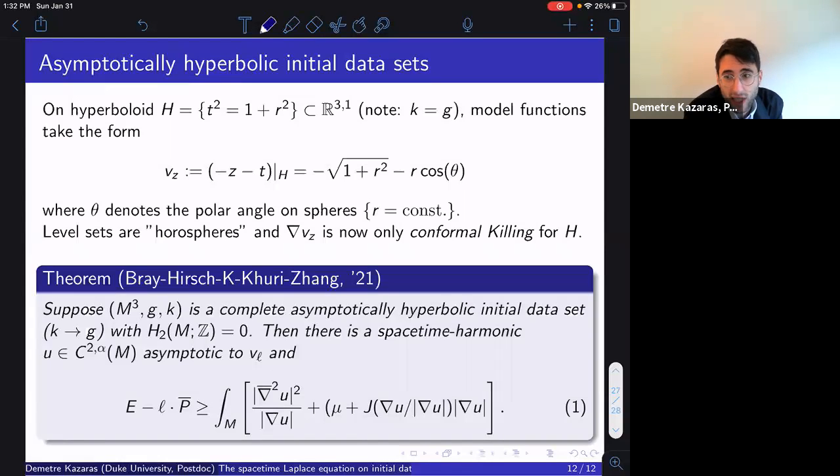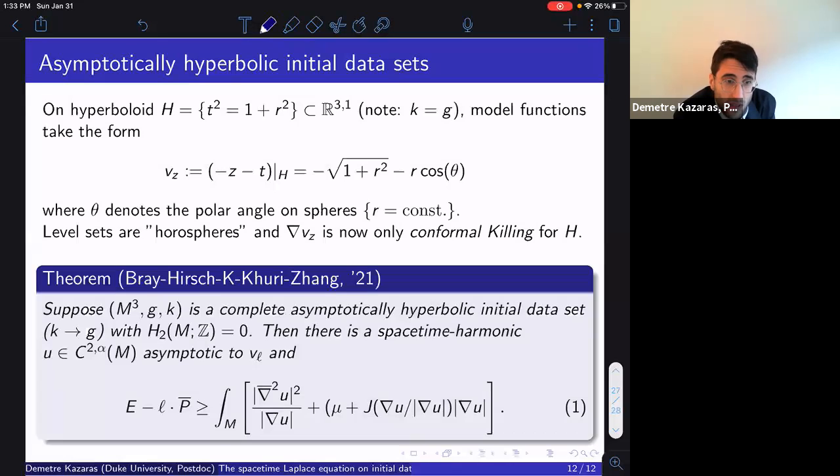It's supposed to be modeling, like if you have a Lorentzian manifold which is asymptotically flat, then these initial data sets should be like hyperboloids in that spacetime, close to null cones. Anyways, if you have such an object, which has trivial topology, in the sense that the second homology group vanishes.